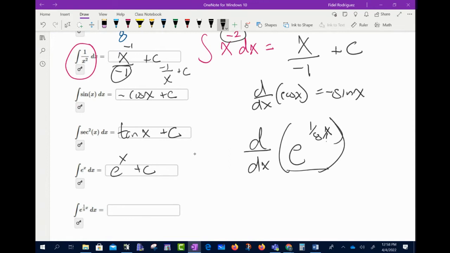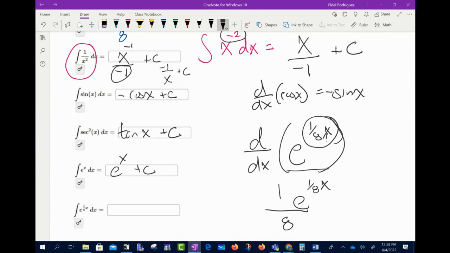Well, we know the derivative of this is just e to the 1/8 x, but then I have to take the derivative of the angle. What is the derivative of 1/8 x? 1/8. Very good. Okay, so that's what we would end up with, right? If I took the derivative of e to the 1/8 x, I would end up with 1/8 e to the 1/8 x, right?